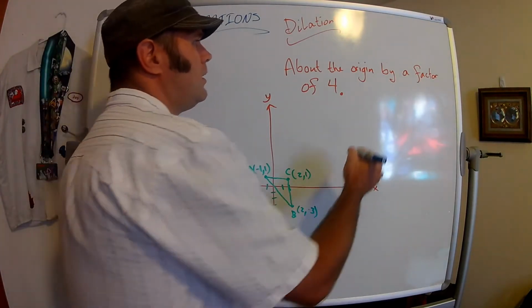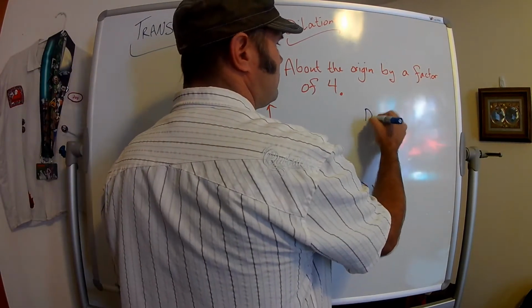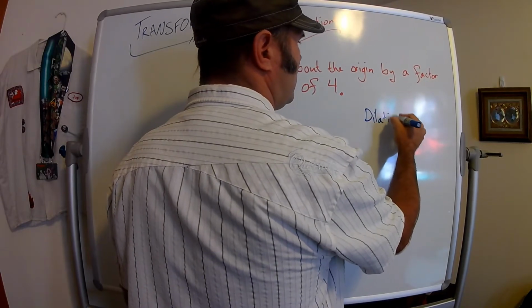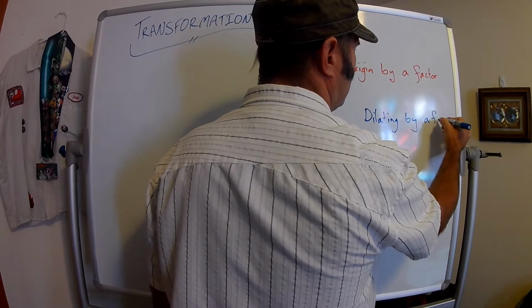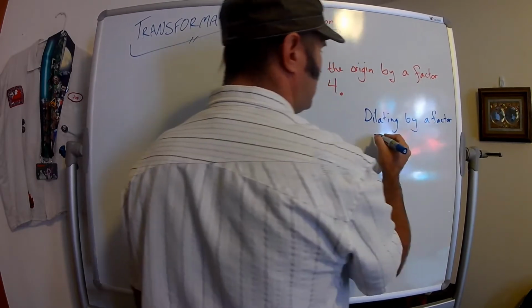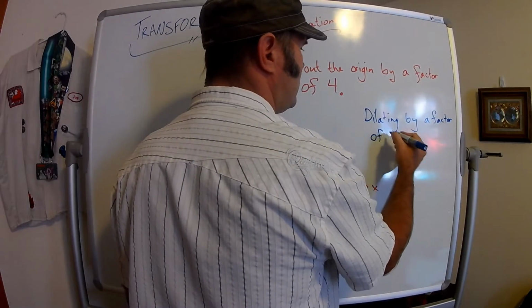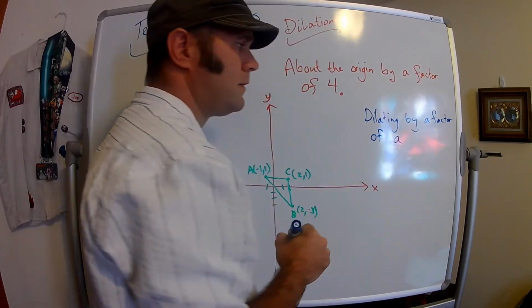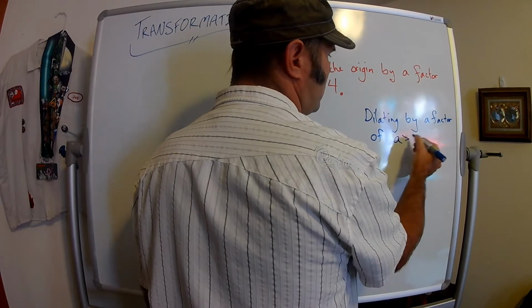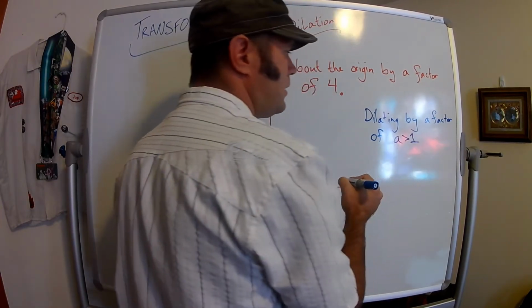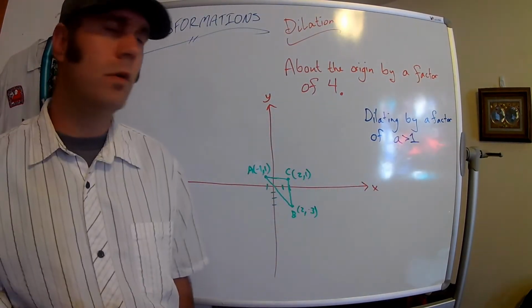So if we are dilating by a factor of A, where A is greater than 1, we're going to write down a rule here.